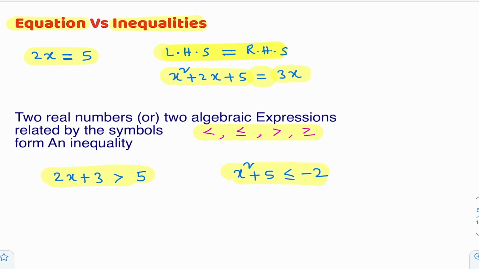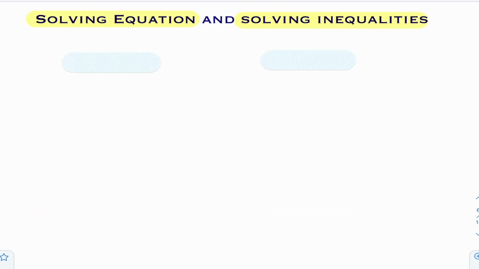So you have learned what is an equation and what are inequalities. Okay. Now, solving equations and solving inequalities have so much difference. Till now you have done so many equations and found their x values or y values, depending on the equation. Solving an equation: this is one equation, 2x plus 1 equal to 3.